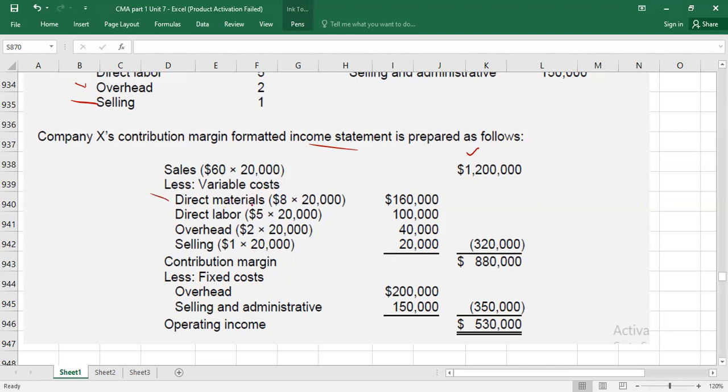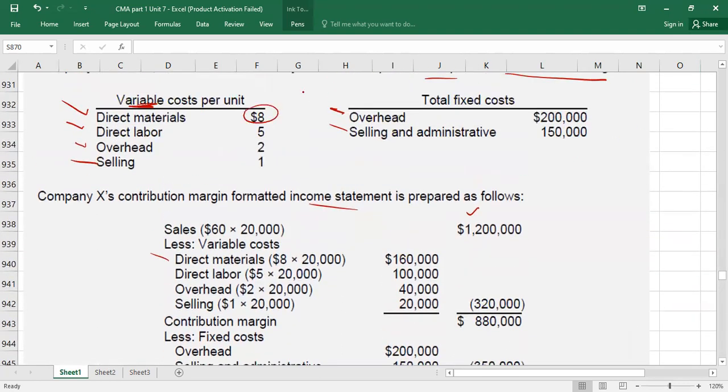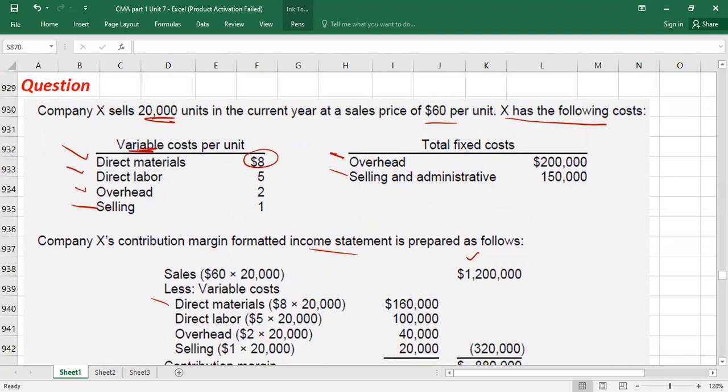So we take the direct material cost, $8 per unit. How many units did you produce or sell? 20,000. Multiply 20,000 by 8, and this gives you material cost of 160,000. Labor cost: 20,000 units at $5 gives 100,000.